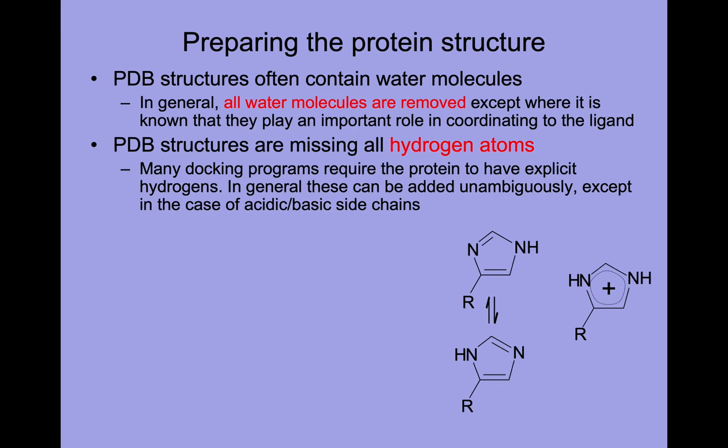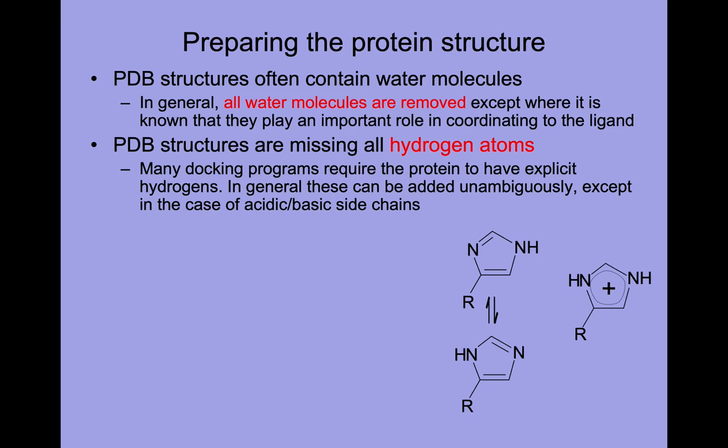And how will you know about that water molecule? You will find these things in the literature as well. So you will remove all the water molecules except where it is known that they play an important role in coordinating to the ligand. The PDB structure which you download from any website or server may have some missing hydrogens, so you will have to add the hydrogens.